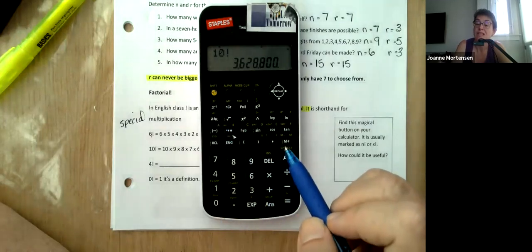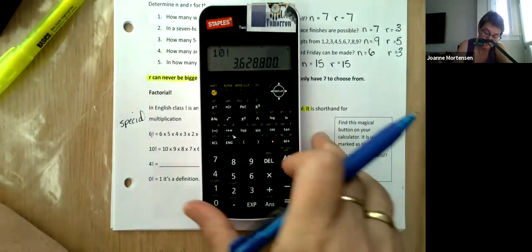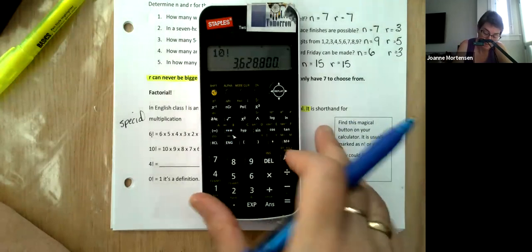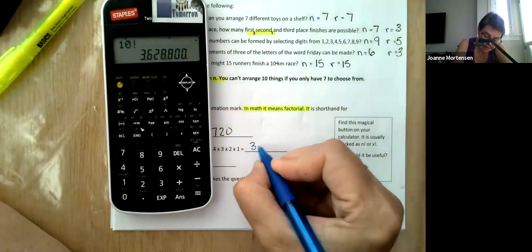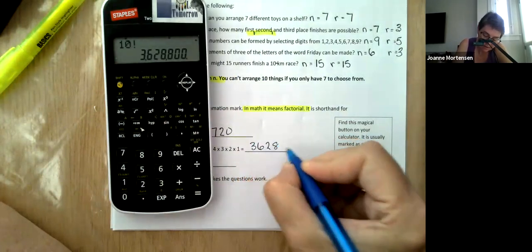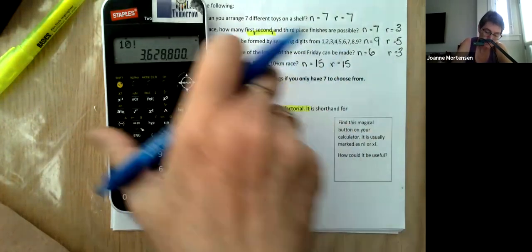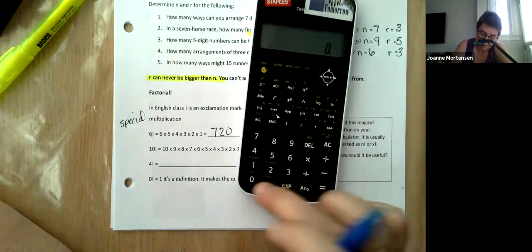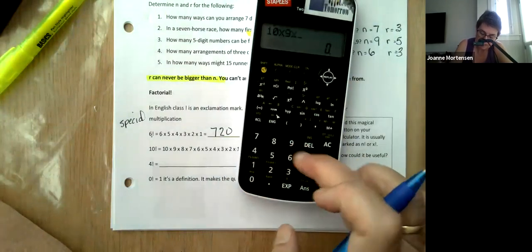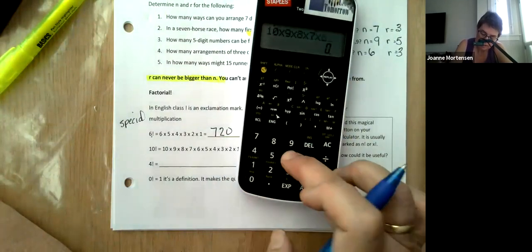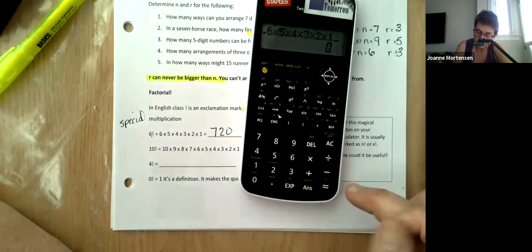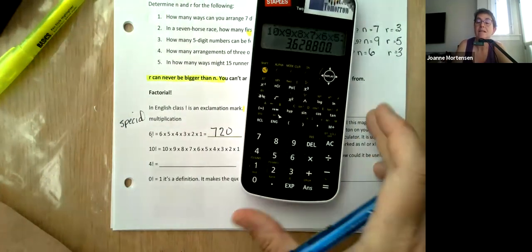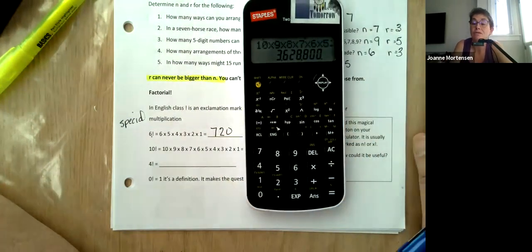It'll make your life so much easier, and we will talk about that in the next video. Anyway, 10 factorial is 3,628,800. That'd be the same as me going 10 times 9 times 8 and so on. I get exactly the same answer, and it's just so much easier to use the factorial.